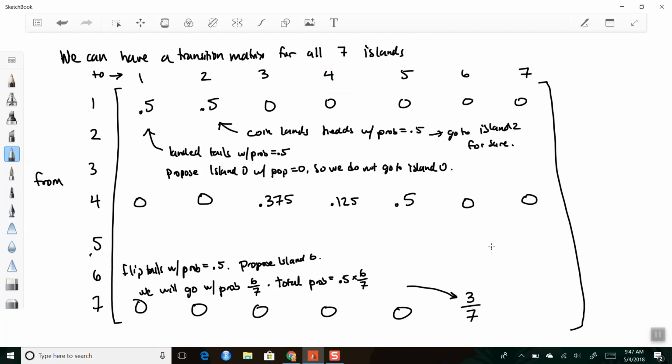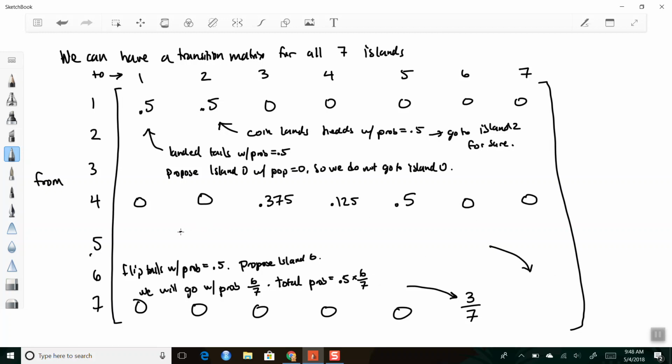And then over here, well, we know the row has to add up to 1, so we know it has to be 4/7. But basically, this is going to be the combination of the 1/7 times a half that doesn't go to island 6, right? We proposed island 6 and we didn't go, and that's going to happen with probability, I guess, 1/14, okay?